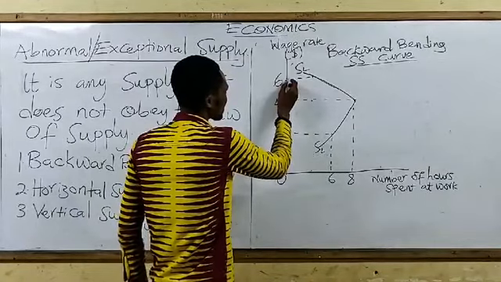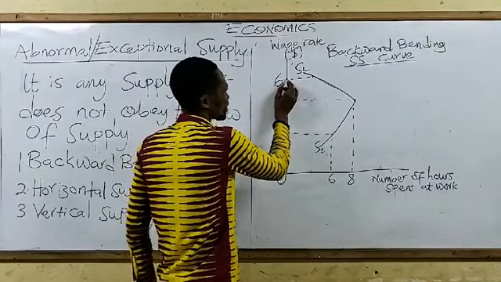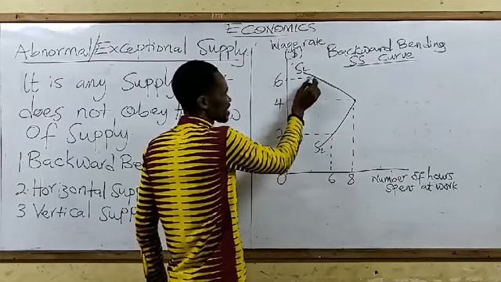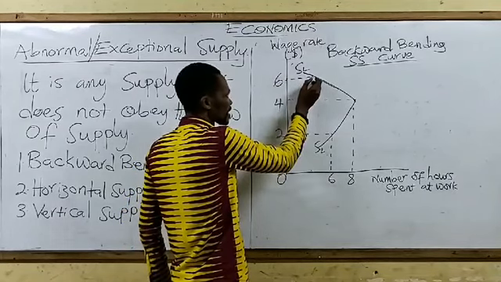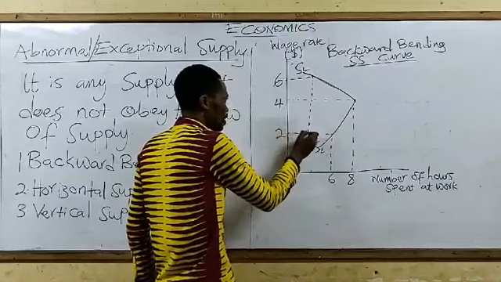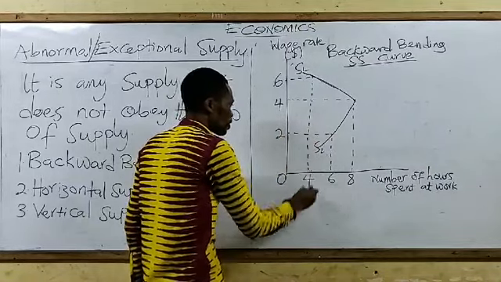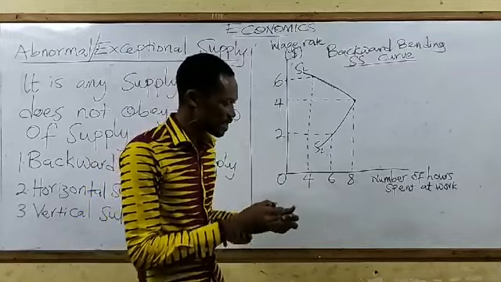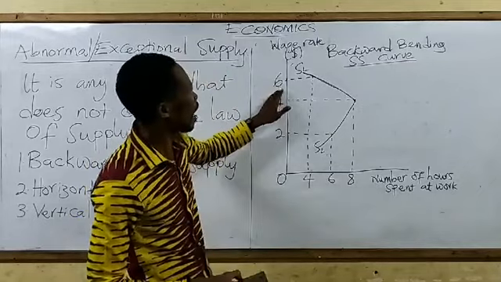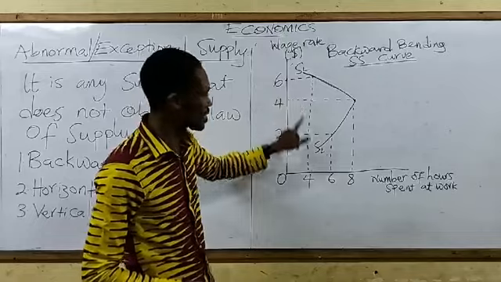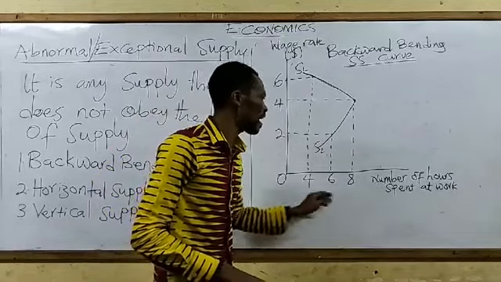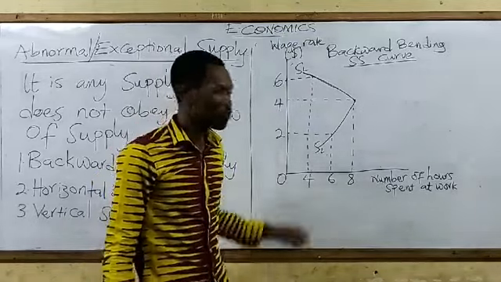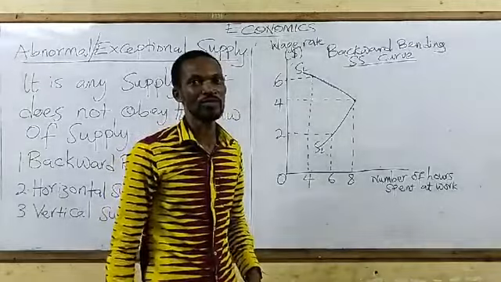When you trace from the amount $6 to the curve, it touches the curve at this point. So let's see the number of hours the person is now spending. Wow, 4 hours, because it's behind the 6. So at rather a higher amount of $6, the person is spending far fewer hours at work. 4 hours at work now.